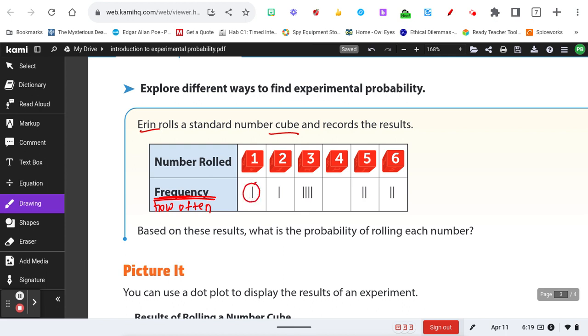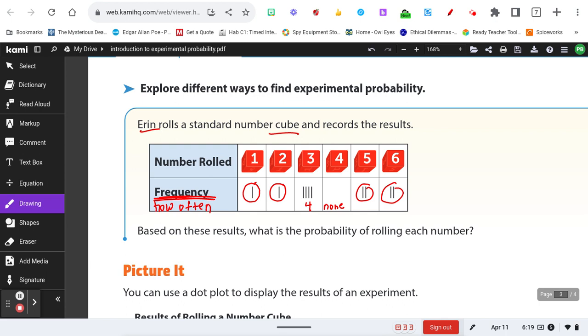Aaron rolled the number 1 once, the number 2 once, the number 3 four times, the number 4 none, the number 5 twice, and the number 6 also twice. It says based on these results, what is the probability of rolling each number?